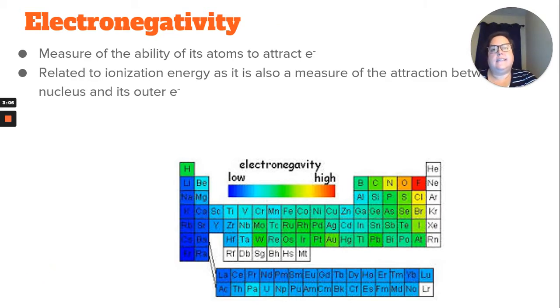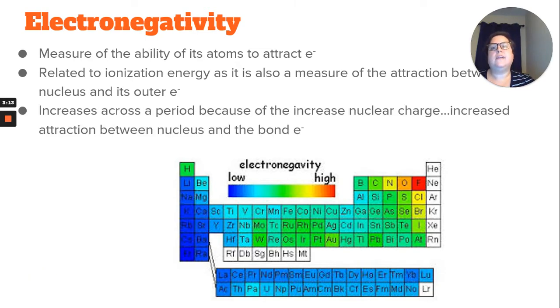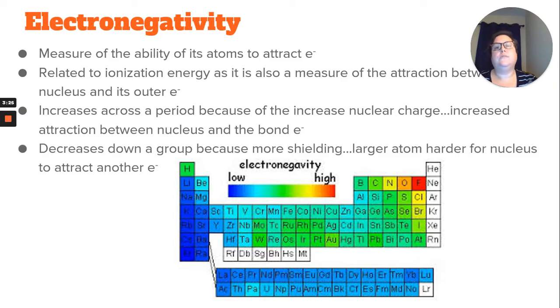It's related to ionization energy because it's a measure of the attraction between the nucleus and those outer electrons. As you go across a period, it's increasing because you have an increase of effective nuclear charge, right? So that nucleus can attract those electrons easier the smaller the atom is. As you go down a group, because of shielding, the nucleus has a harder time attracting electrons, so it's decreasing as you go down a group.